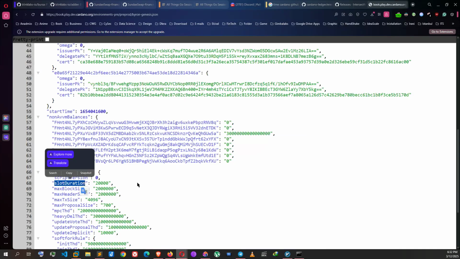Slot duration. Well, maybe a slot doesn't mean time. Maybe it's a place, a location. But duration definitely tells you there is something related to time.